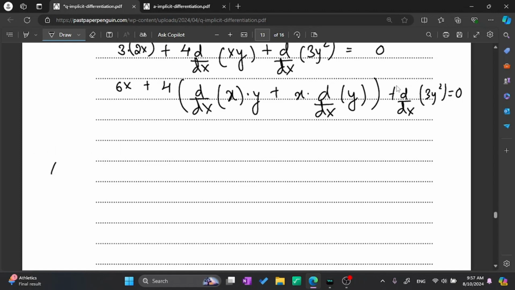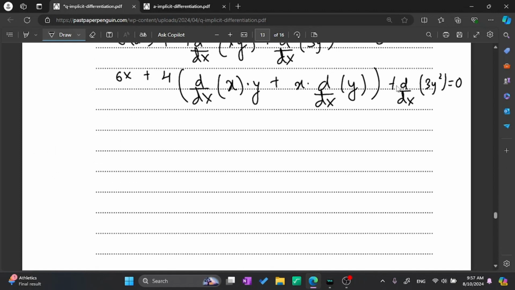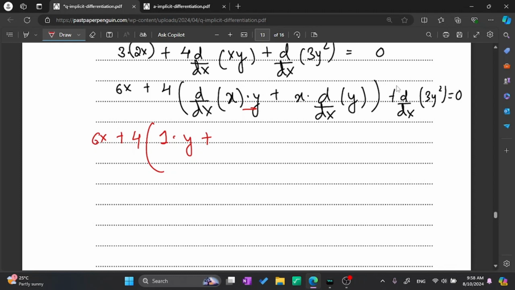Now let's differentiate these y terms. 6x plus 4 times the derivative of x, which is 1, so 1 times y is y, plus. Now we need to differentiate this y, but we have d over dx here, so we cannot do it directly. So we need to use the chain rule.